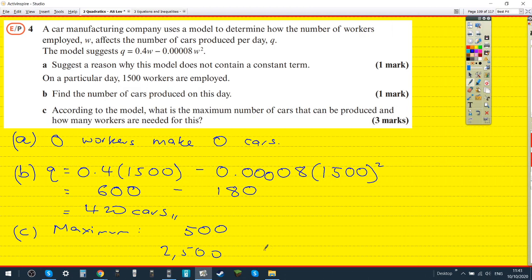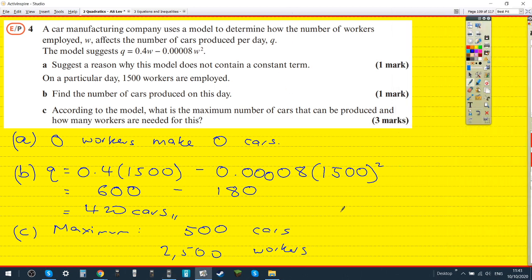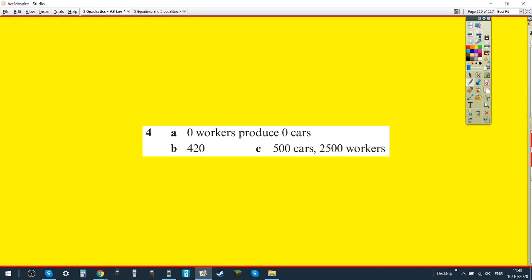So 2,500 workers to make 500 cars. Yes, because the x was workers, and so that was the maximum x, and the cars is the y. Great. Any questions there? No. Okay, so I think you have the idea for the maximum stuff. There we go. 0 workers produce 0 cars. Great.